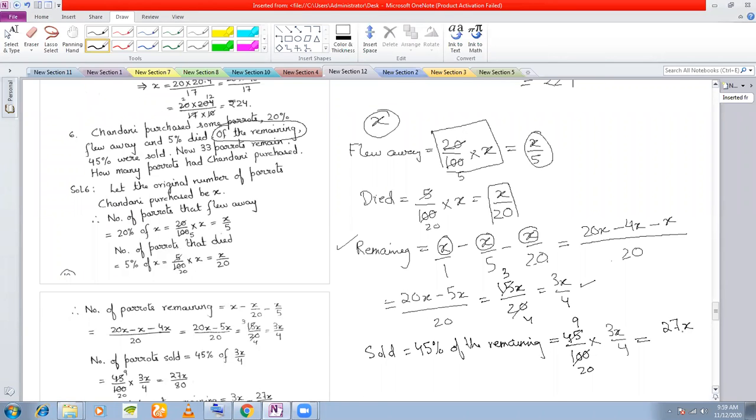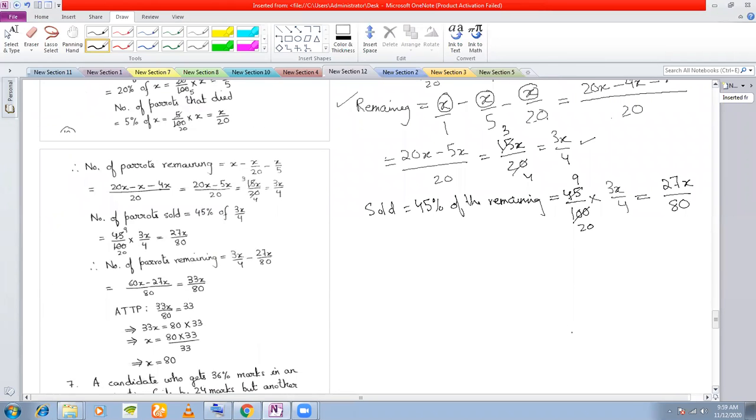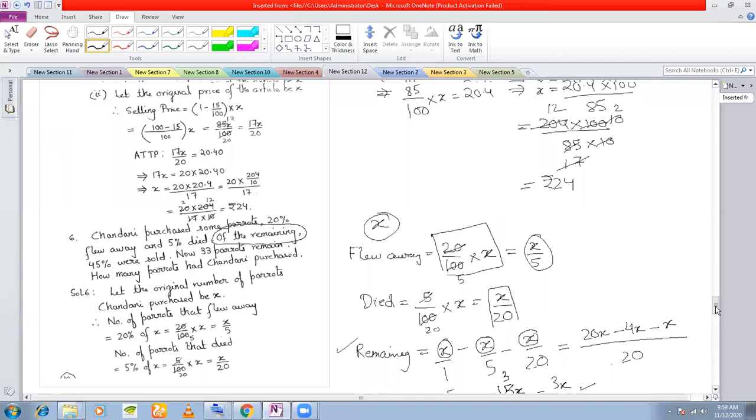This will become 27x by 80. This is the number of parrots that was sold. So what you need to see here is 45% of the remaining I have calculated. This time 45% of 3x by 4, not 45% of x. Okay, that is the difference here. So this number was sold.